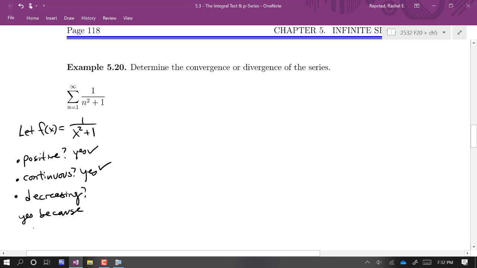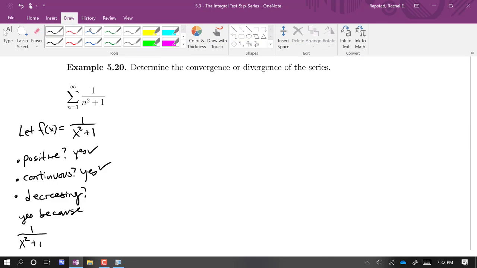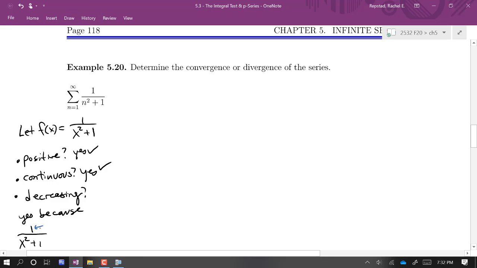because as a fraction, the numerator is fixed. And the denominator is increasing, as x increases, x squared plus 1 certainly increases. So if you take a fixed numerator and its denominator is increasing, that means that the fraction has to be getting smaller as x increases.